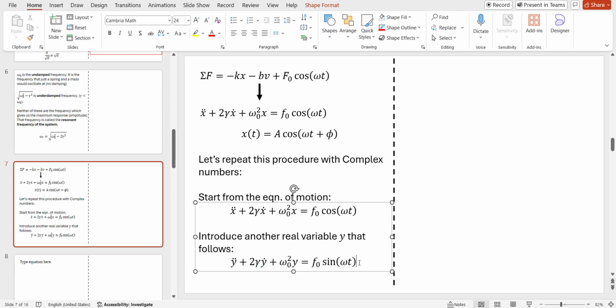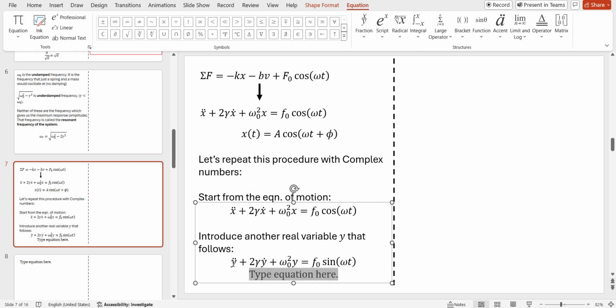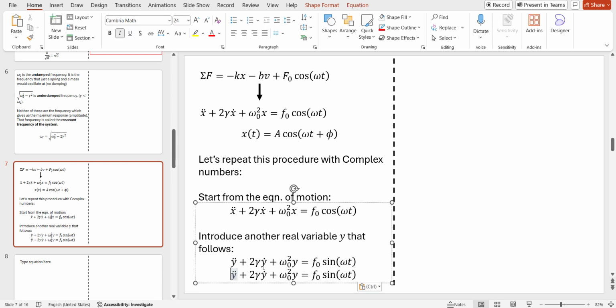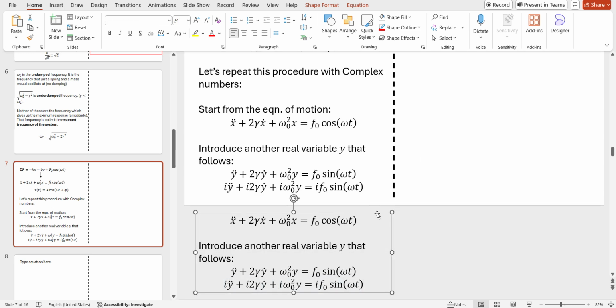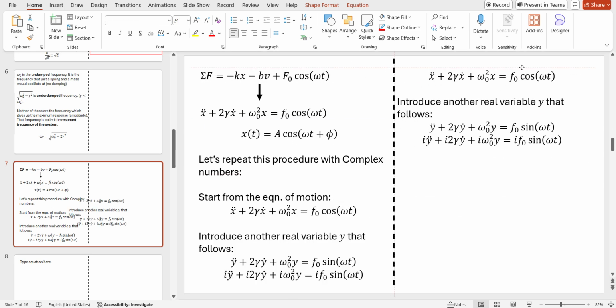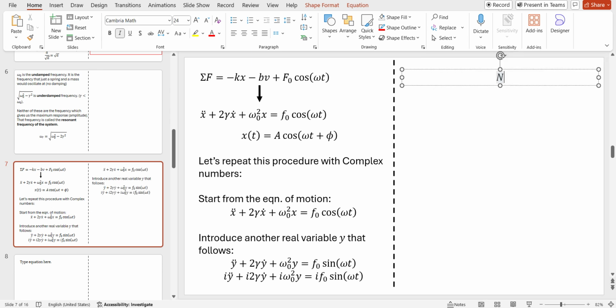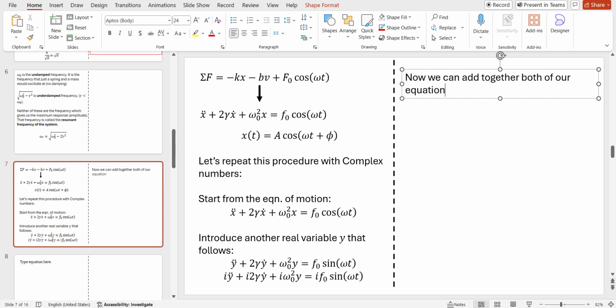What we're going to do then is take this equation and multiply it by i. So we're just going to multiply every term by i. There's going to be an i here, here, and here. So now we can add together both of our equations. This is just like we did last time with the damped harmonic oscillator.